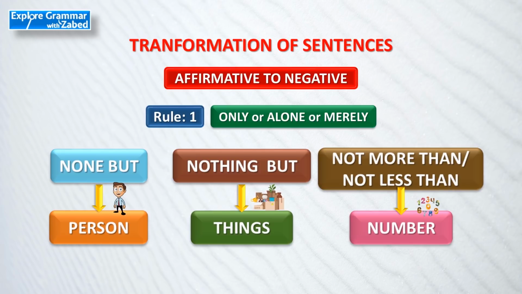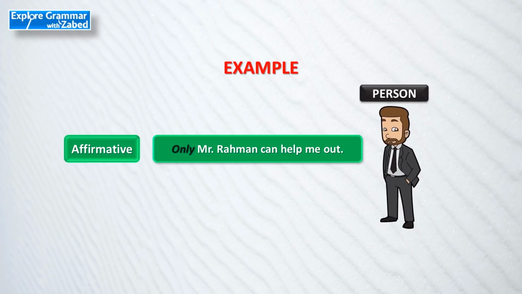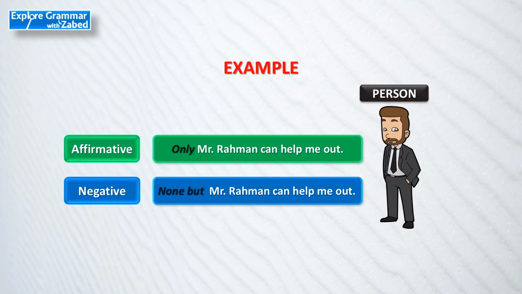Let's try to understand with the help of some examples. Only Mr. Rahman can help me out. Take a note. Here, Mr. Rahman is a person. While converting from affirmative to negative, it will become none but Mr. Rahman can help me out. Here, none but is used in case of a person.